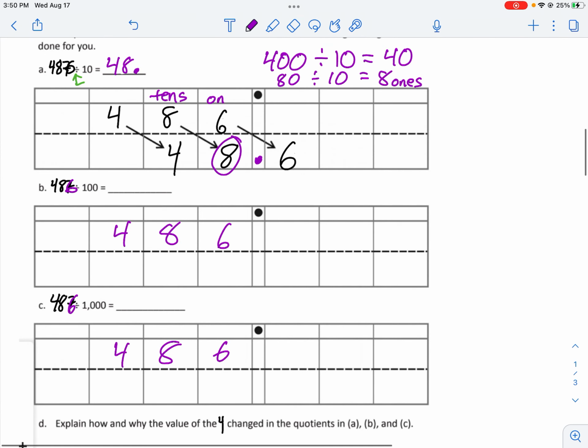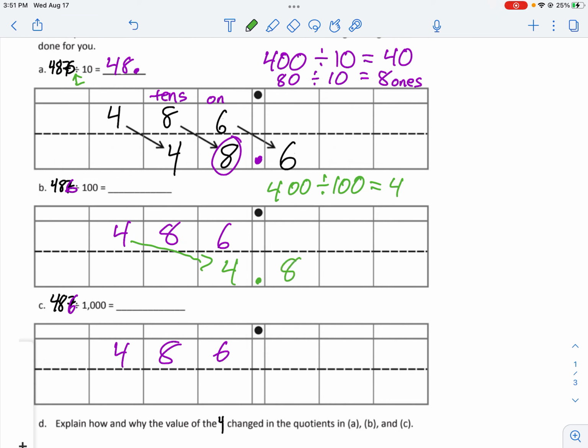Alright, so now 486 divided by 100 is our next one. If I divide 400 by 100, I would get 4. So this is moving over 2 spaces to the ones place, and then our 8 and our 6 will be behind it.